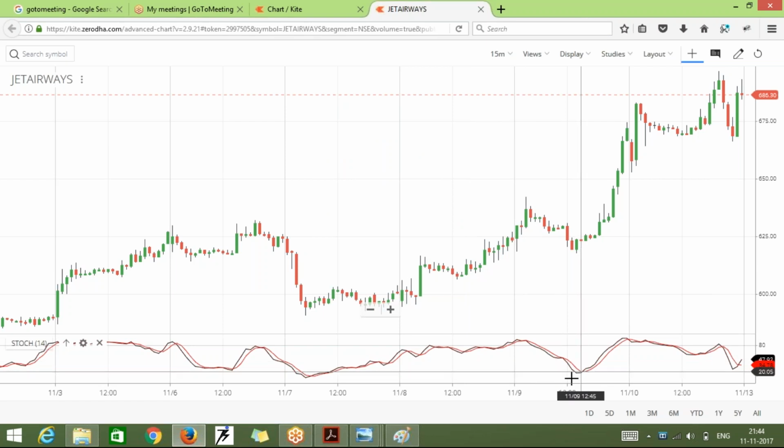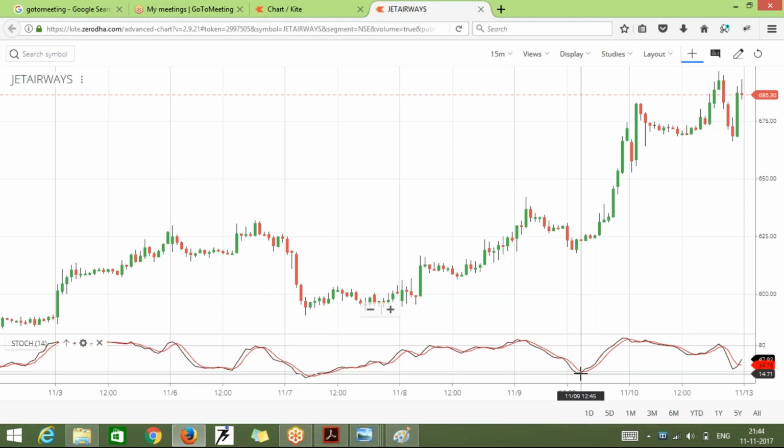See this one, this is why I always recommend everyone to keep a TSL and ride the profit. See here, it gives a proper signal that yes, it's in the oversold region, you can buy this stock at this level.